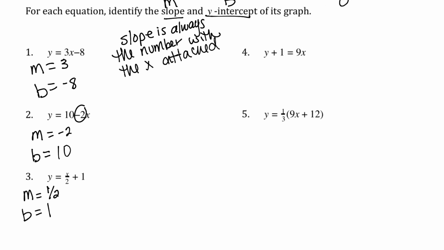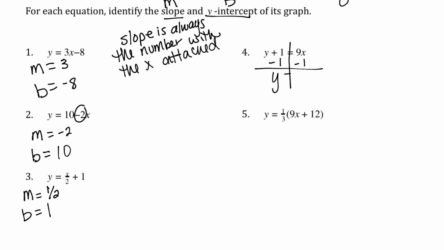All right, number 4. Is this in slope-intercept form? No. How do I get it in slope-intercept form? What do I do with the 1? Subtract it, because that's what's keeping me from being in slope-intercept form. I need my y to be isolated.